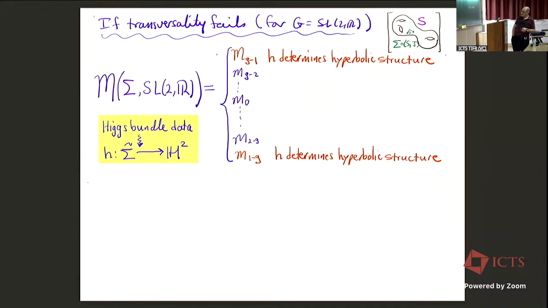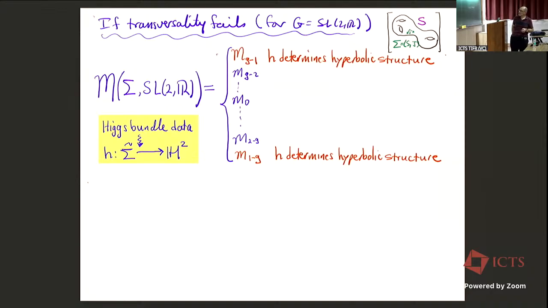Okay, I just wanted to mention this point, that from the Higgs bundle perspective, you can also see, at least in some situations, what happens if the transversality fails. So if the extra condition that you need in order to construct an XG structure doesn't quite apply, is there still something that you can say?